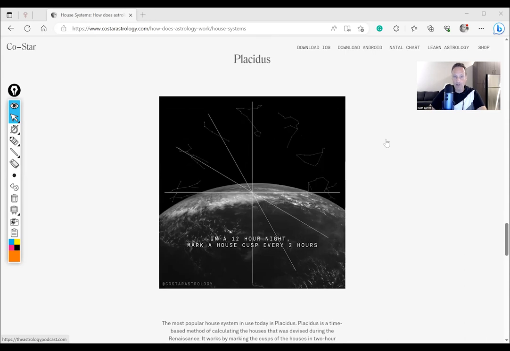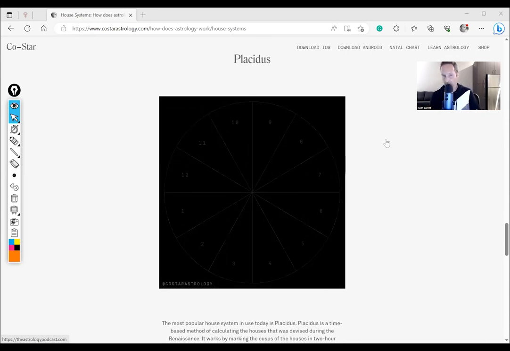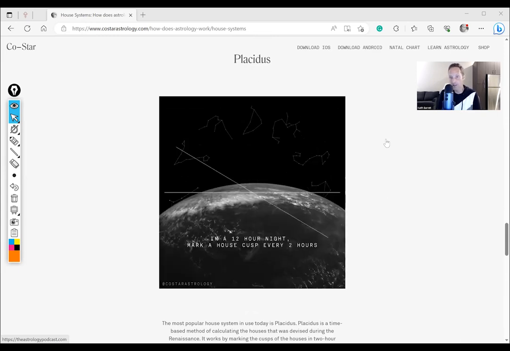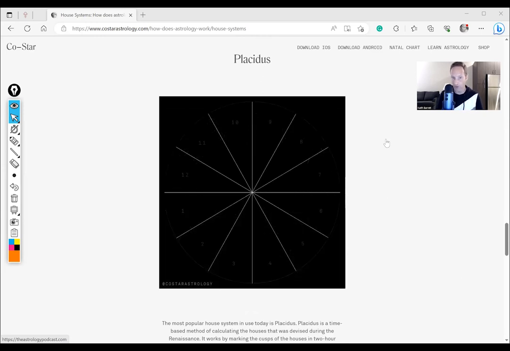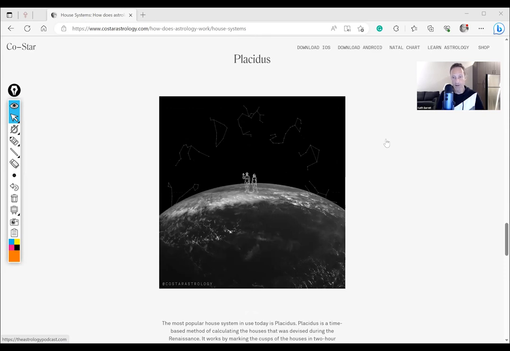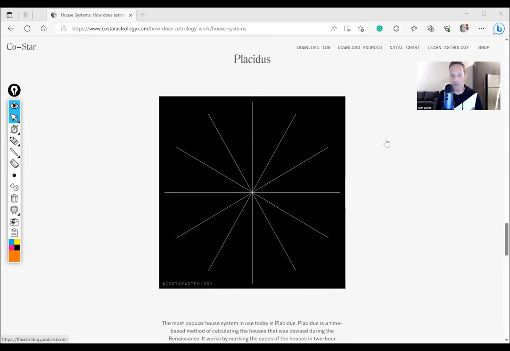And then the next one displayed here is Placidus, and this one is probably the most heavily used in astrology circles. Placidus is usually the default. If you go to different websites to cast your horoscope, Placidus will be the default. And so this one, different from Porphyry, uses a time-based system.